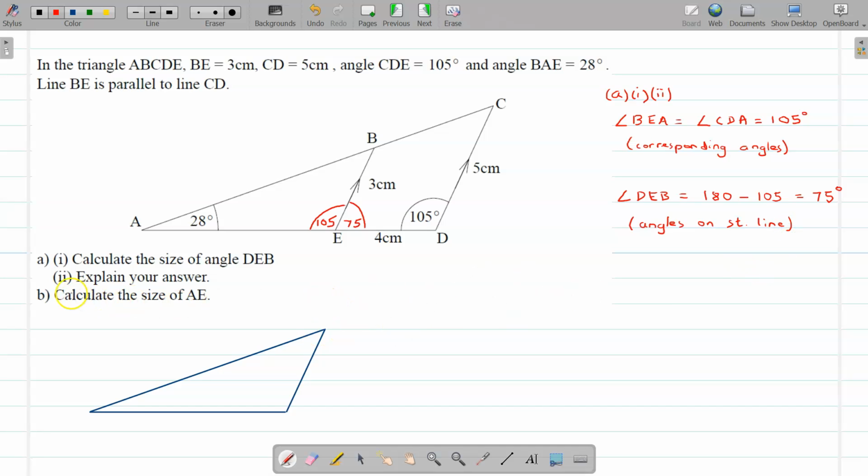Okay, now for the next part, calculate the size of AE. So AE is this length here, which I'll call x. Now what I can do here is say that I have two similar triangles, and this has a side there of 3. So this is the triangle that I've taken out, ABE.